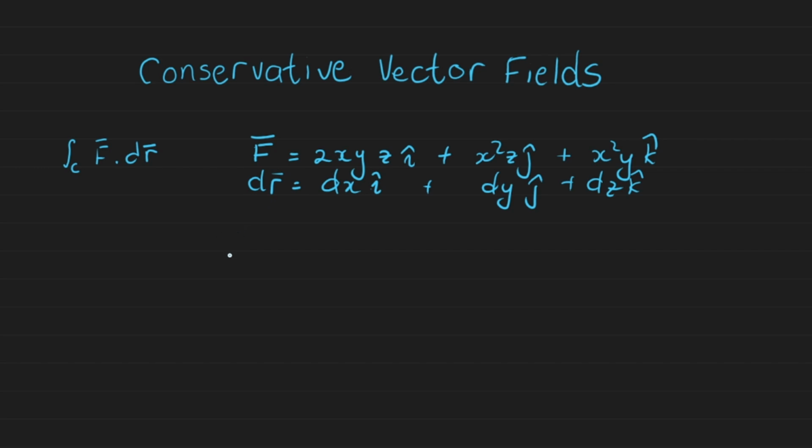We could evaluate this along a parametric curve. So why do we want to understand what a conservative vector field is? Well, firstly, because conservative vector fields have applications in physical systems. So if we want to understand physical laws underlying some kind of system, an example of this could be conservation of energy.